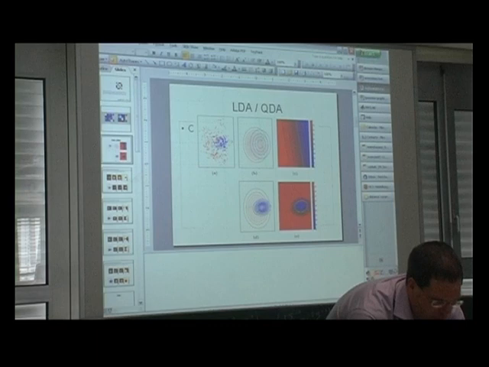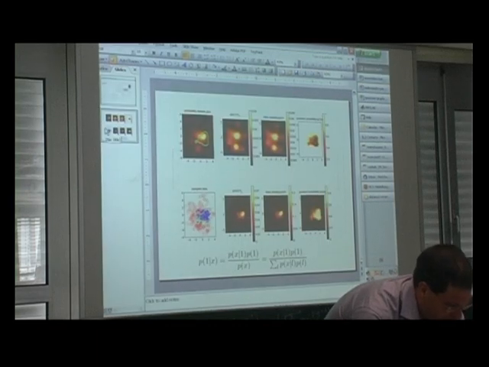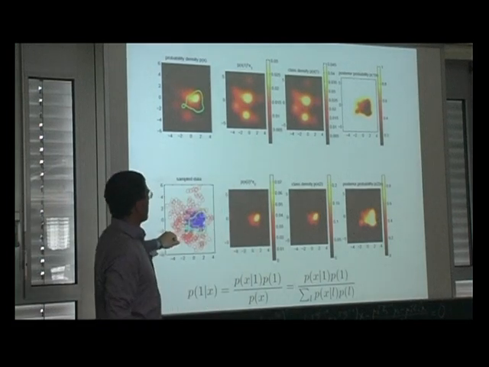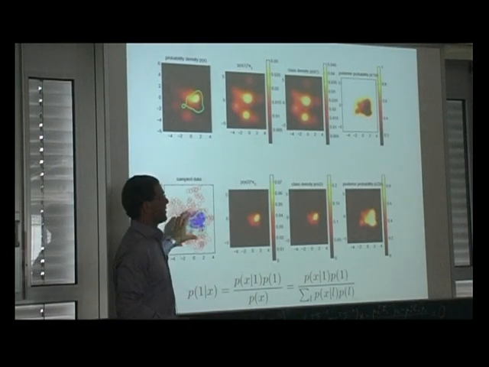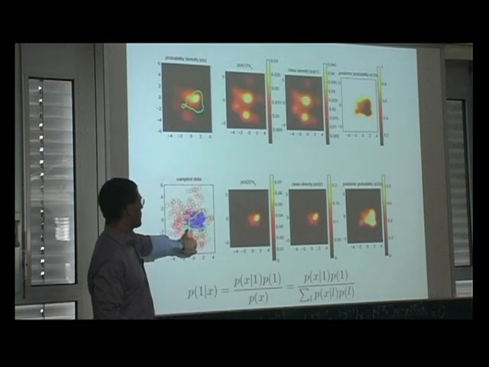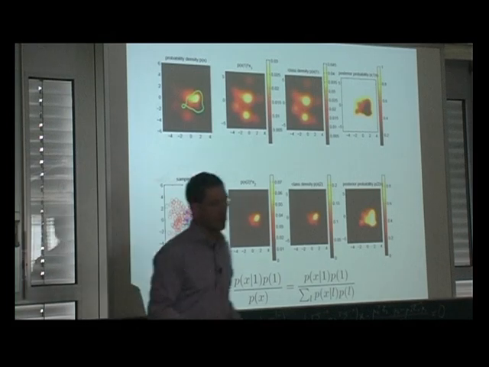And if you remember what the true classifier looked like, so this is the same data set, and I created this data set artificially from the densities that you see here. So the green line here gives the Bayes classifier, the best possible classifier.